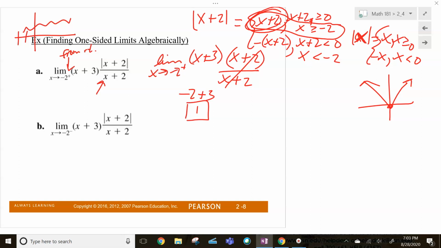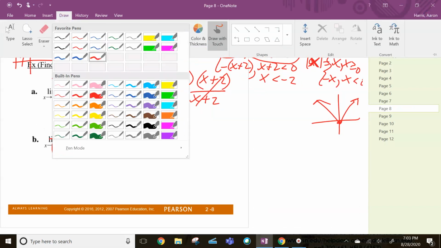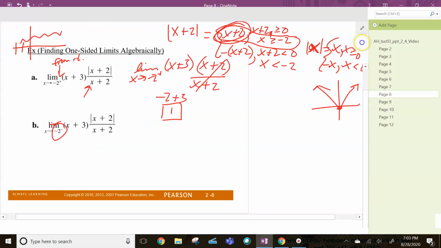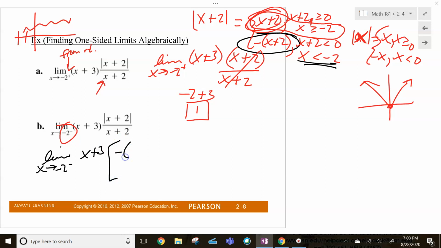It's now defined there. Now, if I'm going to approach it from the left, now I got to use this case because I'm going to be picking x is less than -2, right? So it becomes limit x goes to -2 from the left of the opposite of x plus 2 over x plus 2.